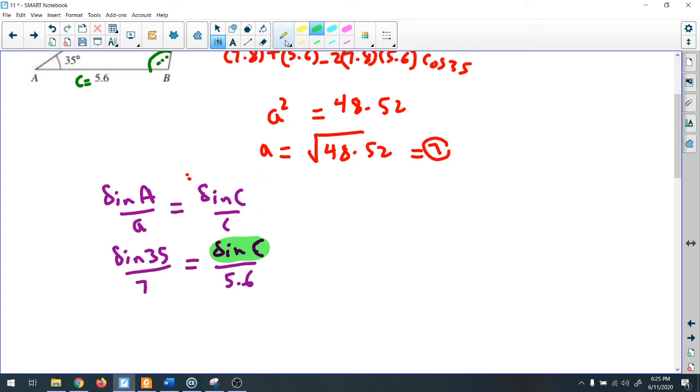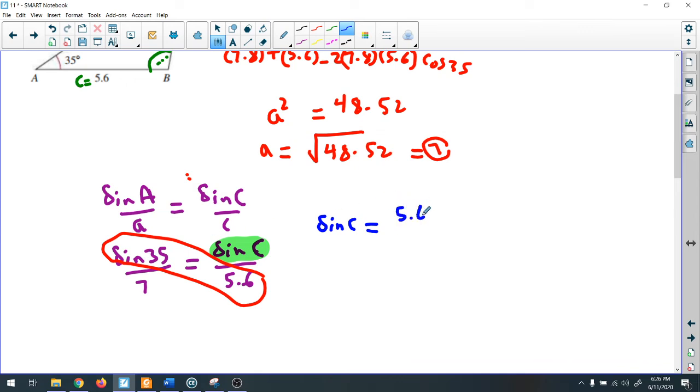So what we could do here is to just cross multiply. If you want to find C, just cross multiply this diagonal. You're going to say, okay, sine C equals 5.6 times sine 35 divided by 7.